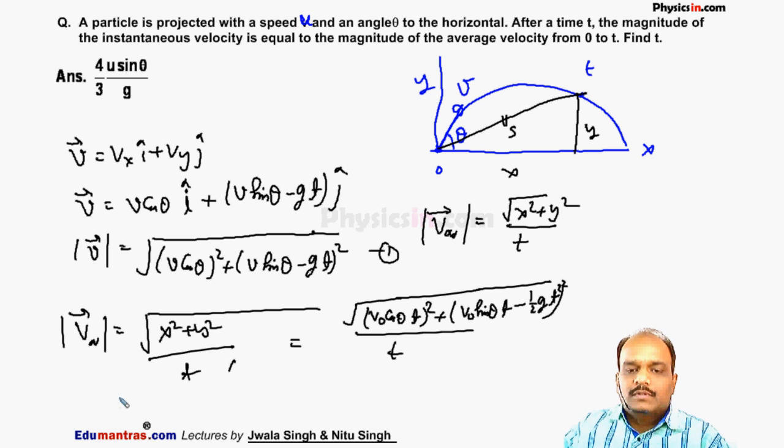So V average, the question says the magnitude of the instantaneous velocity and the magnitude of the average velocity are both equal, meaning this term and this term are equal.